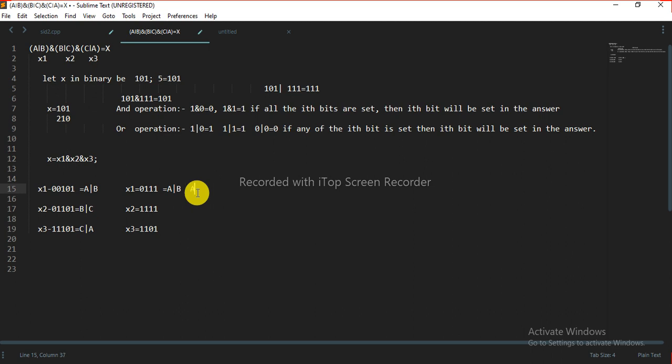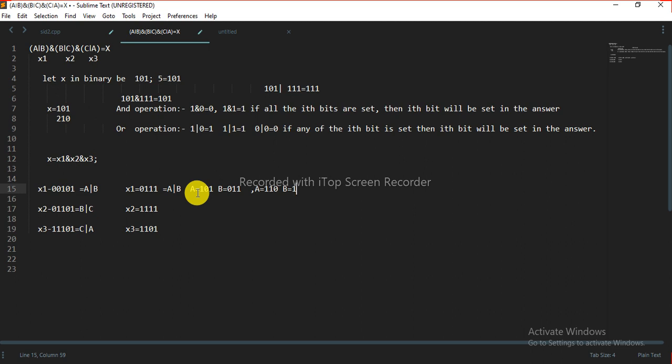For example, if we are taking A as 101 and B as 011, then also A or B will be 111. Or if we are taking A as 110 and B as 1 only, then also A or B will be 111.